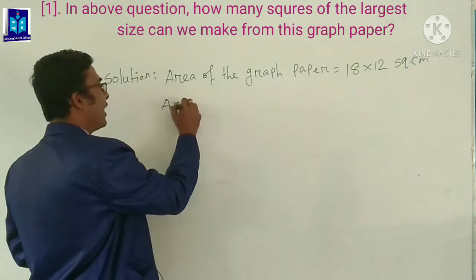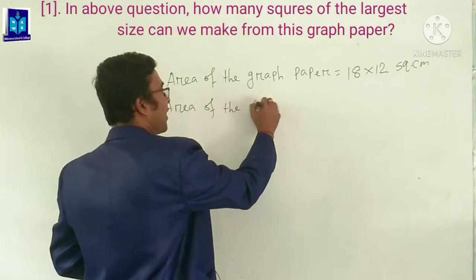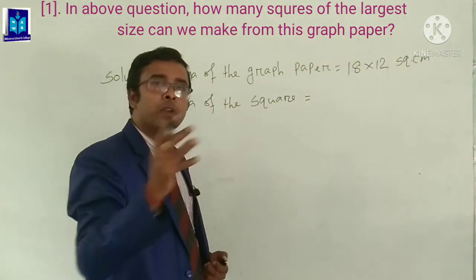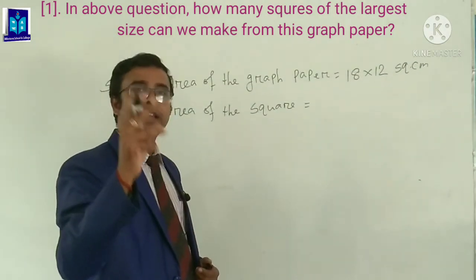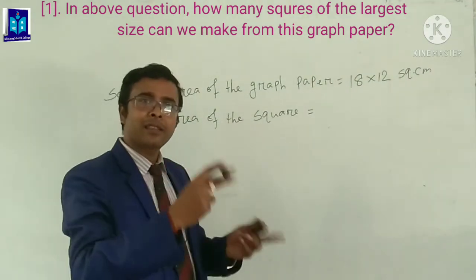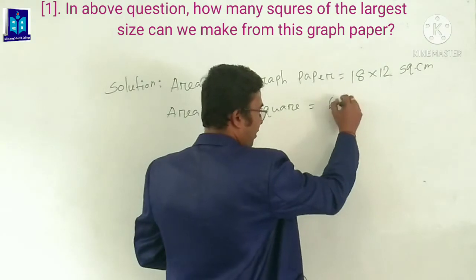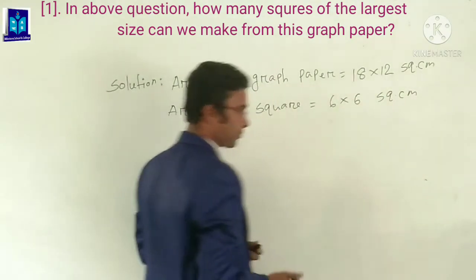So the area of the square will be what? Already we got the length of the largest square is 6 centimeter. So the area will be length multiply length. That means 6 multiply 6 square centimeter.